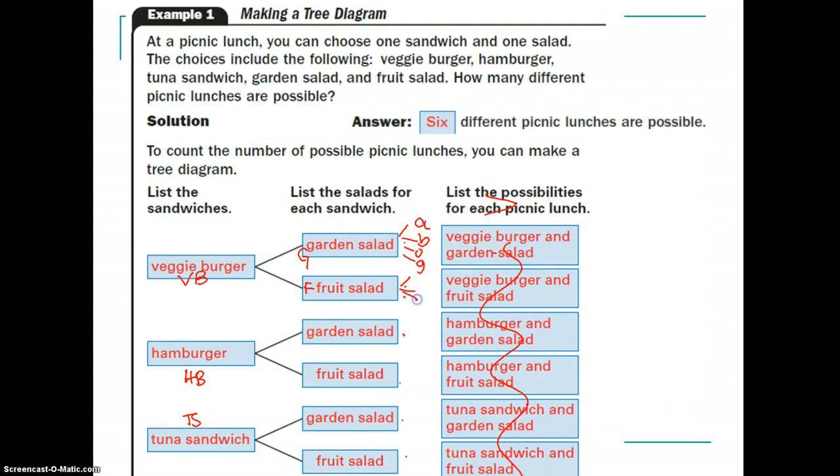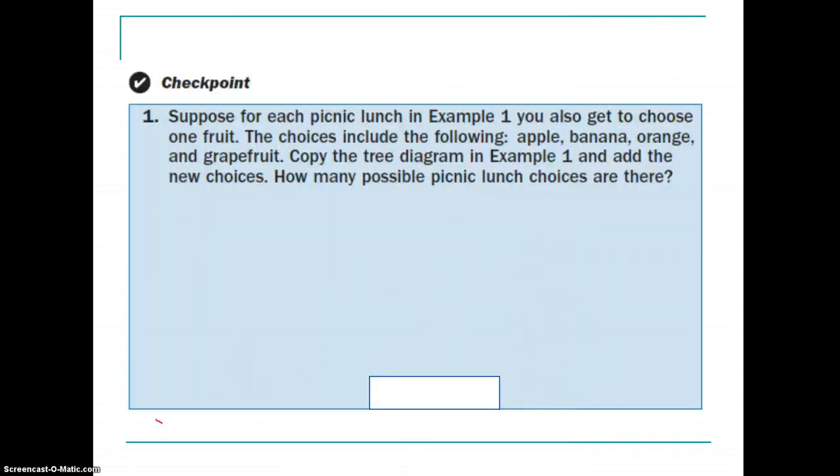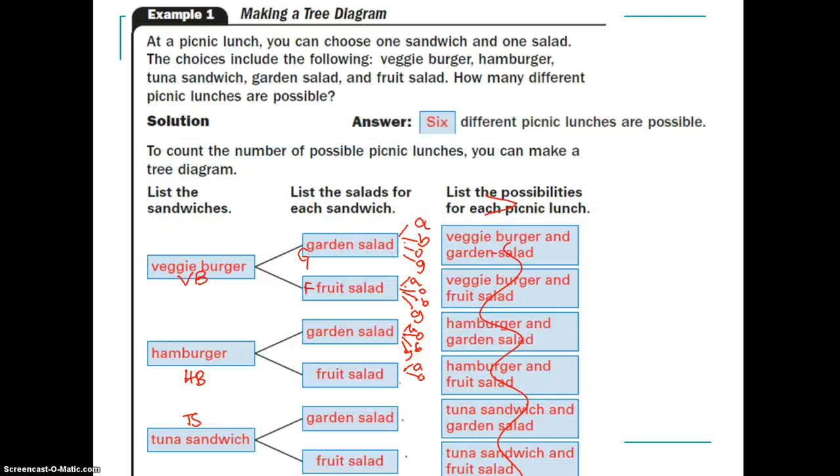So each part gets an apple, an orange, a banana, or grapefruit, and you do this for each one. Please figure out how many possible picnic lunch choices there are. Pause the video and finish the tree diagram.